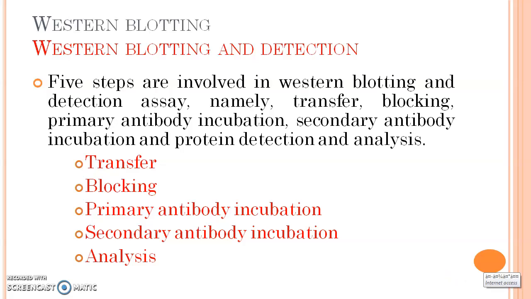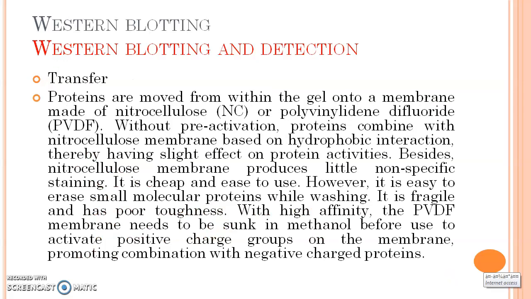The 5 steps involved in Western blotting and detection assay are namely transfer, blocking, primary antibody incubation, secondary antibody incubation and analysis. Proteins are moved from within the gel onto a membrane made of nitrocellulose, hereafter called NC, or polyvinylidene difluoride, that is the PVDF.